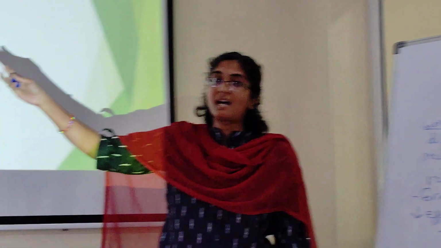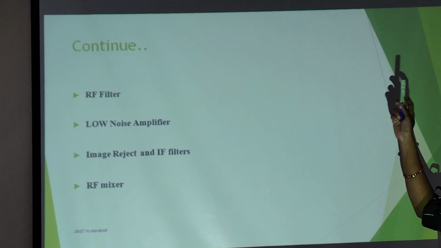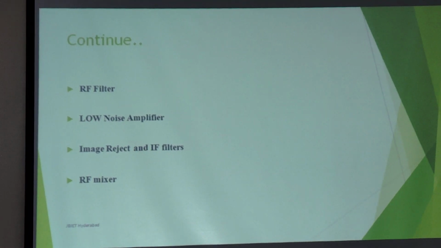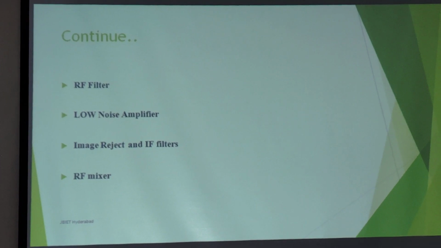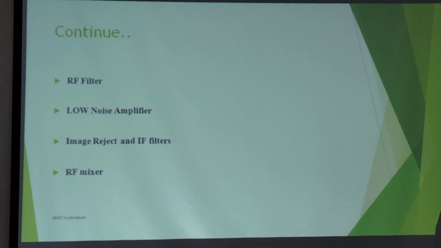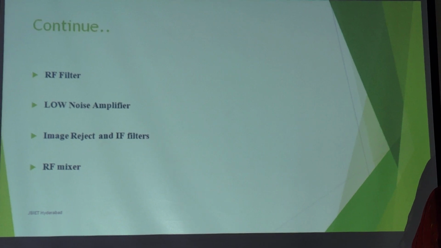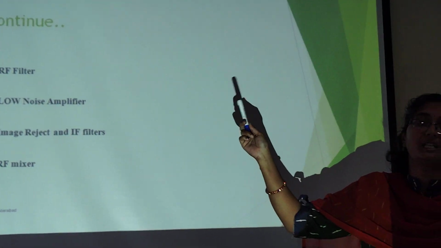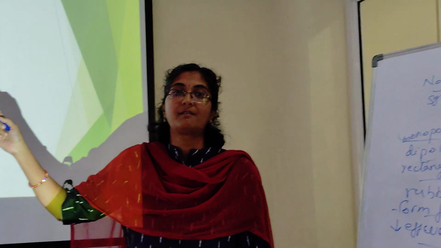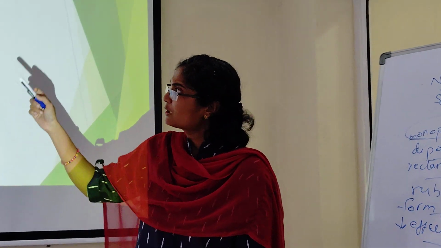So coming to the first RF filter, after the duplexer we have this RF filter. This is the second stage of filtering of our received signal if we are considering the receiver side, so it improves the sensitivity of our receiver. And the next one is the low noise amplifier.